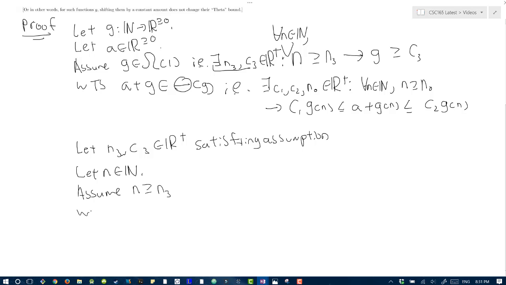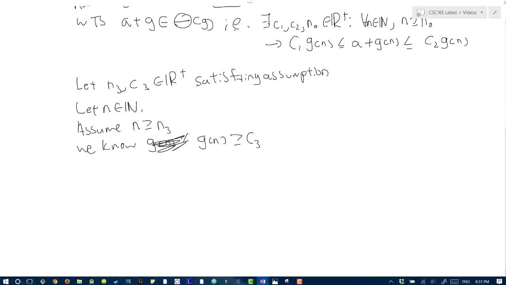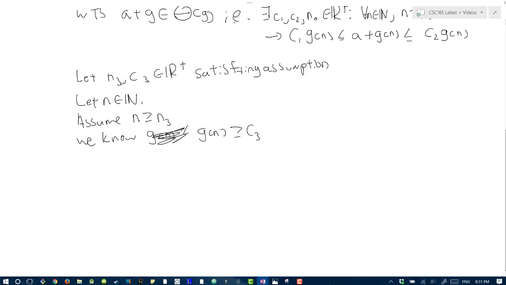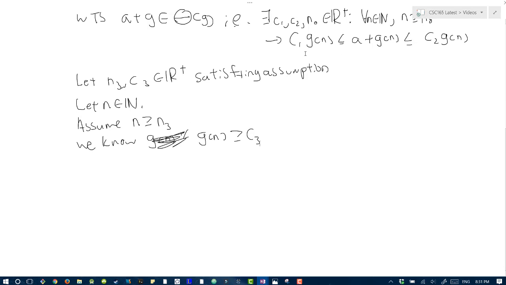Then we know that g of n is larger than or equal to C3. Okay, and then with that, we want to show this part here. So we will leave these blank for now.